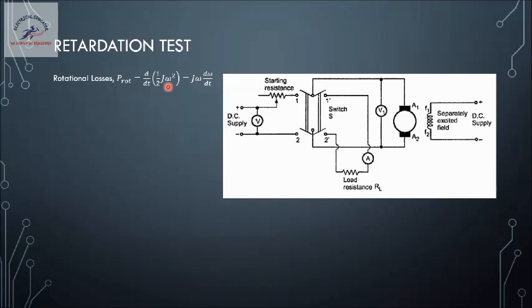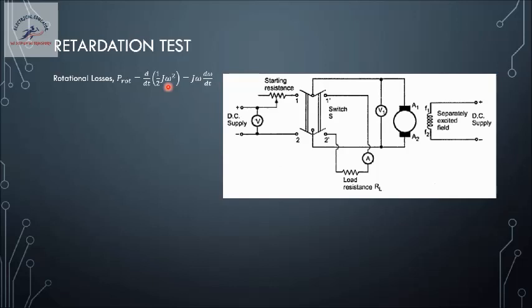Since the movement is rotational, we cannot go for linear speed, we have to go for angular speed. Other than that, this is nothing but kinetic energy. So instead of half mv square, we are using the formula half J omega square.